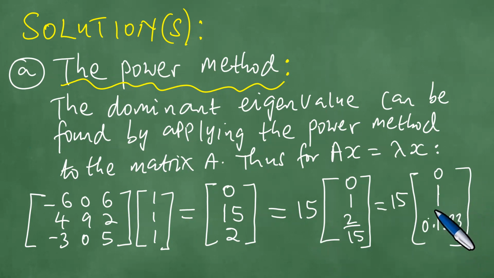So this is the one. Next, because now we've got this, we take exactly this here, which is some eigenvector, and then we continue with the process.